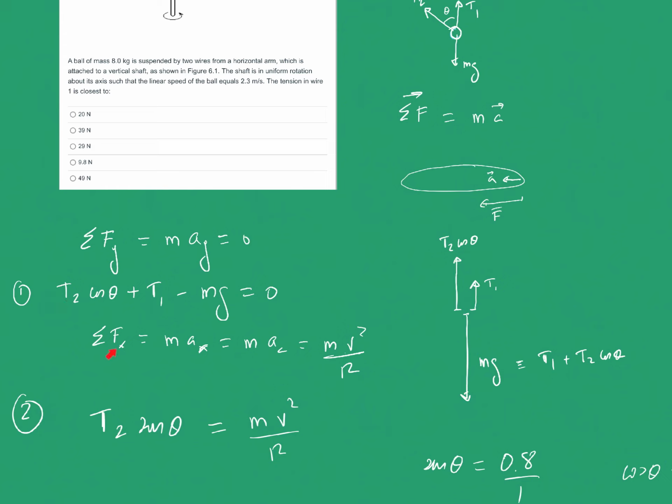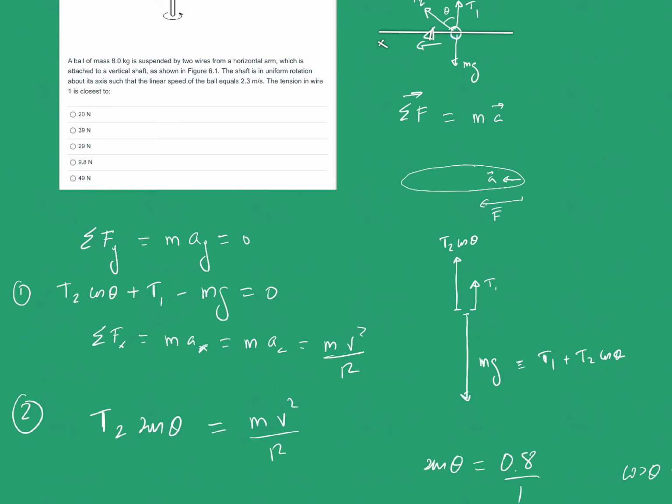Now we apply Newton's law in the x direction. This is the x direction that I have chosen to name as the x direction. The body has acceleration in this direction, so the force has to be in this direction.